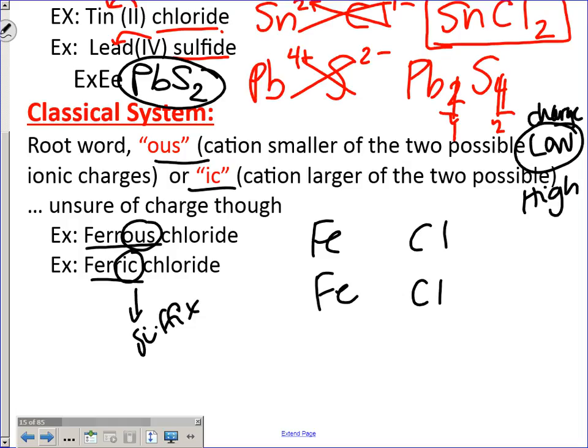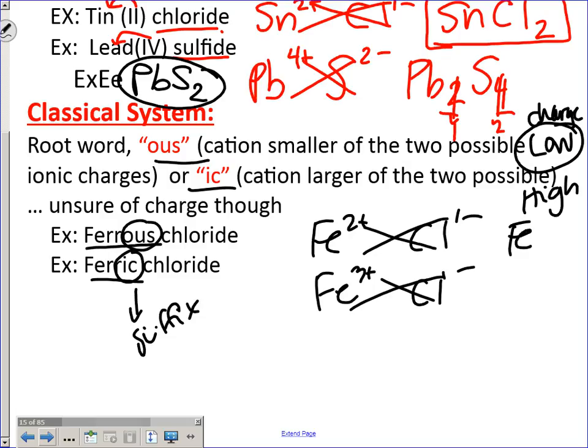So Ishmael, what were the charge options again? 2 and 3. So ferrous would be the lower charge, which is 2+, and then ferric would be the higher one, which would be 3+. And then what's our charges always for chlorine? It's in group 7, so it has a -1 charge. So how do these formulas differ?